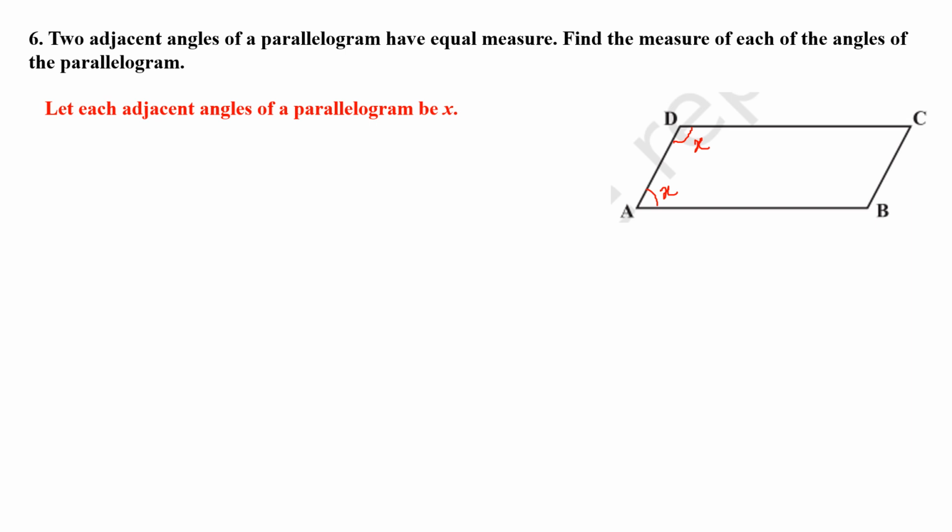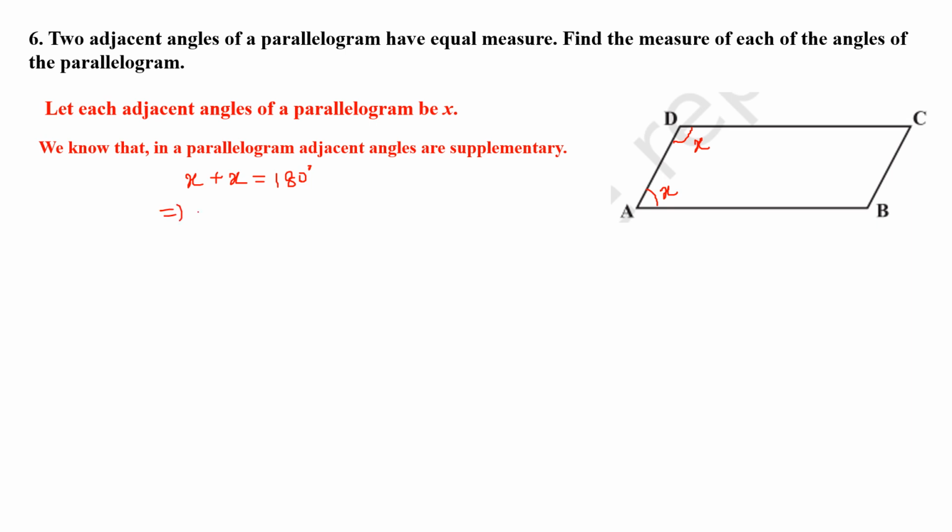And we know that in a parallelogram, the adjacent angles are supplementary. So from here, I can write that x plus x will be equal to 180 degree. So 2x will be equal to 180 degree, right? So the value of x will be 180 degree divided by 2, which is equal to 90 degree. So angle A is 90 degree, angle D is also 90 degree.